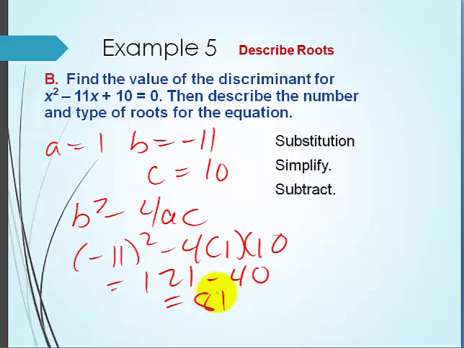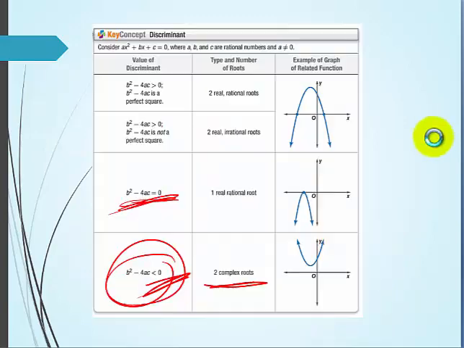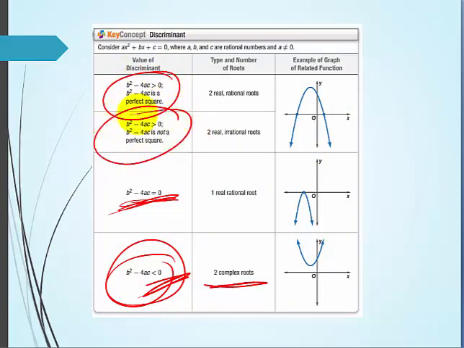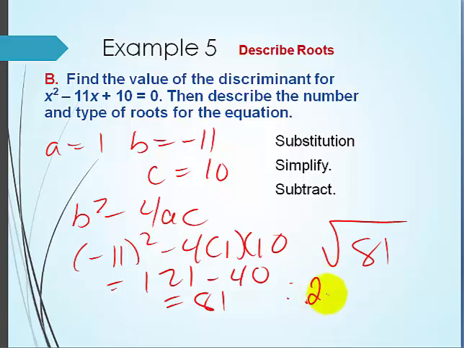So if we have 81, that means that the number underneath that square root is equal to 81. So therefore, if I go back to the chart, it's a number greater than 0, so it's either one of these two. And because 81 is a perfect square, it's two real rational roots.